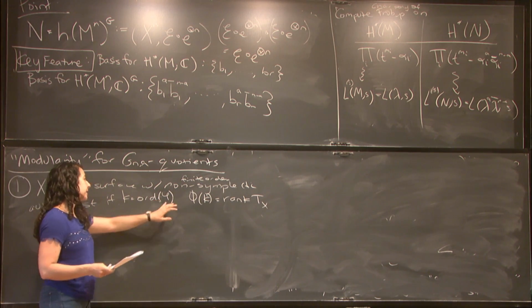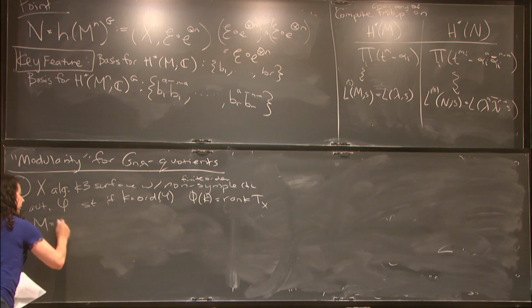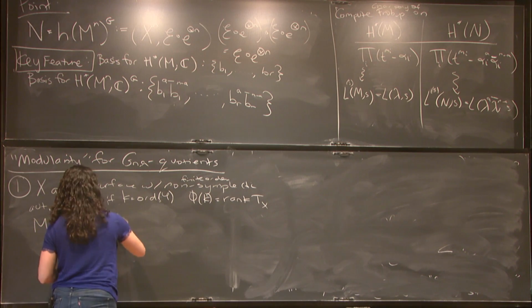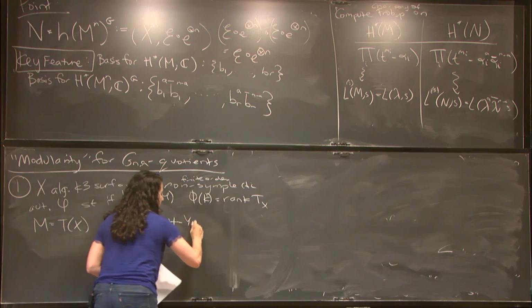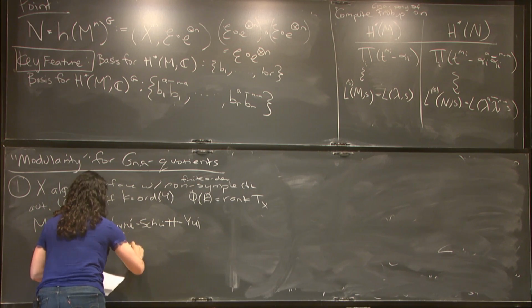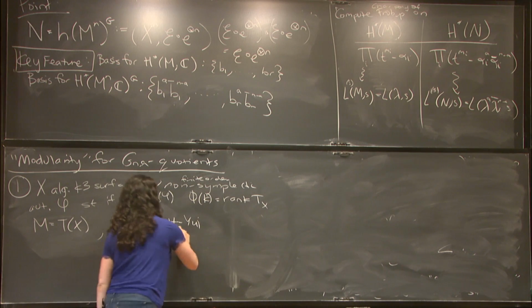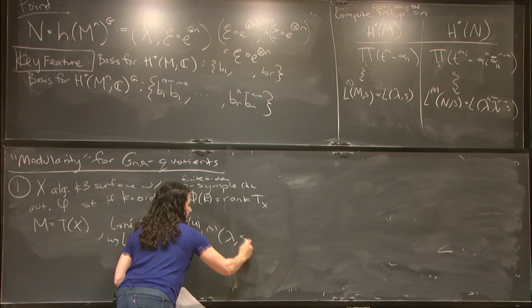Then what I claim is that this phi satisfies all these conditions, where I now let M, my motive, just be the transcendental part of the cohomology of X. And so then Livné, Schütt, and Yui give me a modularity result for this transcendental part of the cohomology.